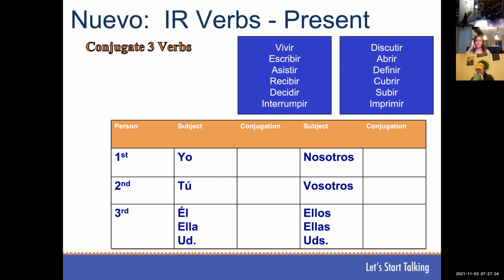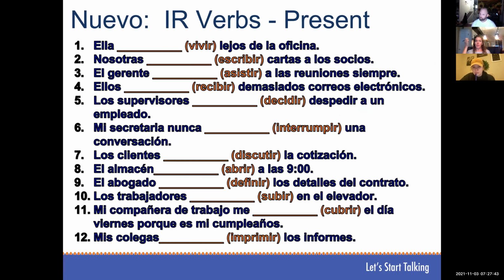Yo recibo, tú recibes, él recibe, ella recibe, usted recibe, nosotros recibimos, ellos reciben, ellas reciben, ustedes reciben.